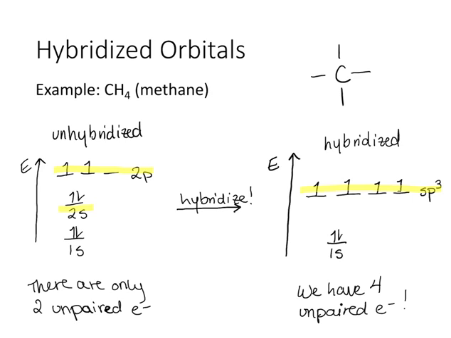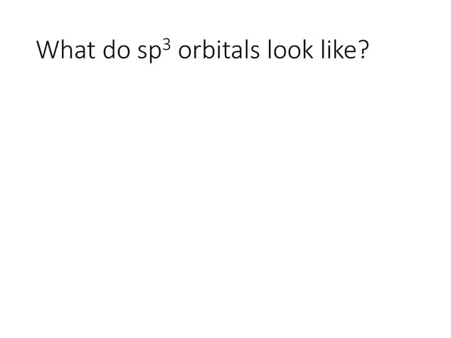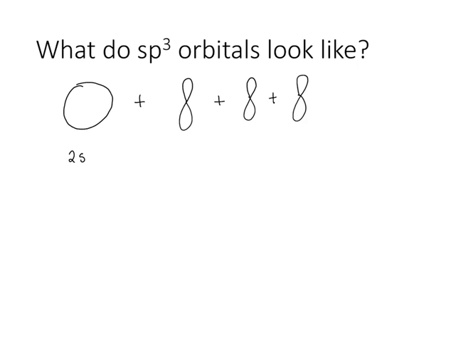So let's talk about what sp3 hybrid orbitals actually look like. So let's kind of visualize it. So again, remember we're combining a 2s orbital, which is spherical, with 3 p orbitals. And I'm just going to draw them all facing up for simplicity.